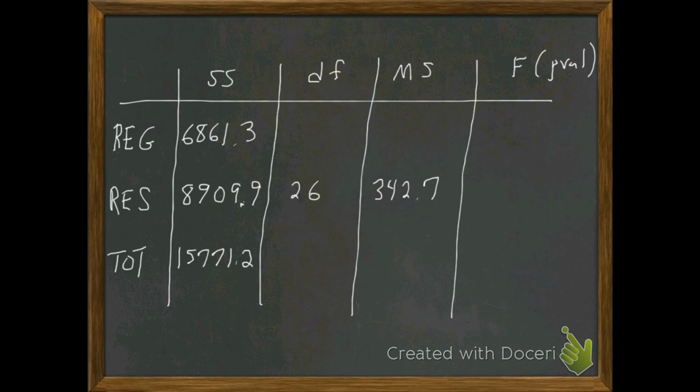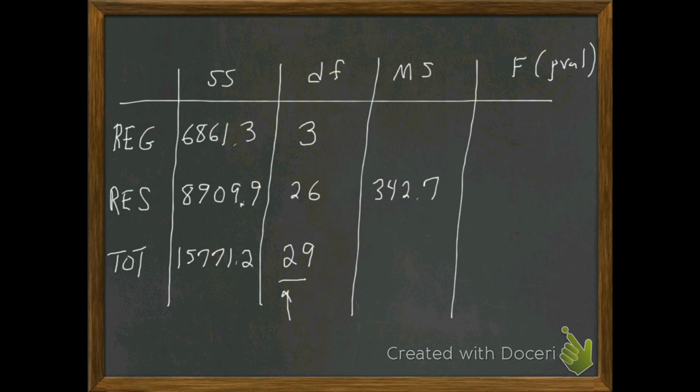Guys, our degrees of freedom for the regression term are either p minus 1 or k, depending on what you use. We have 3 predictors, so this is going to be equal to 3. Degrees of freedom are additive, so this will be 29.